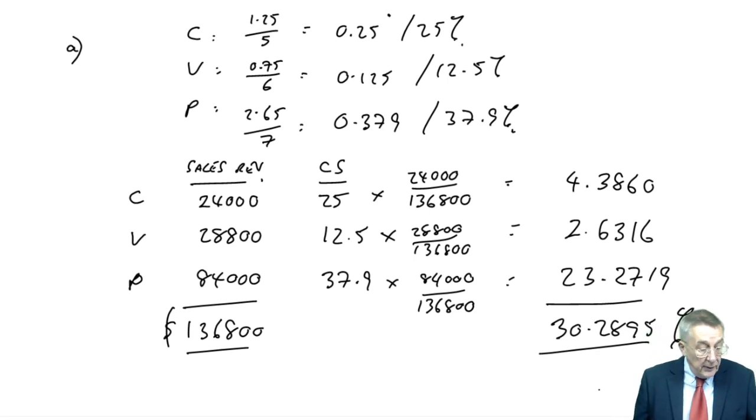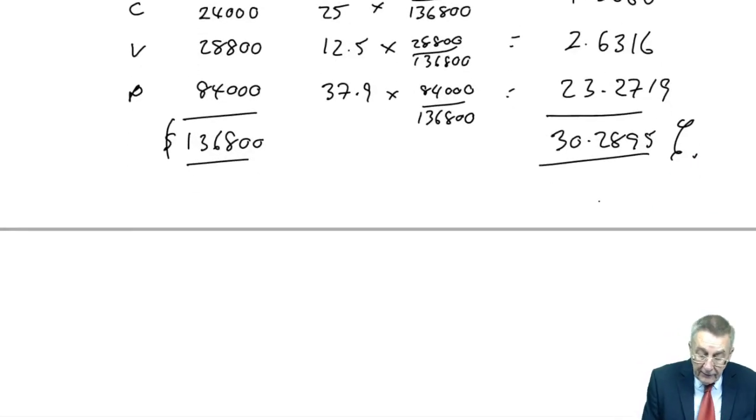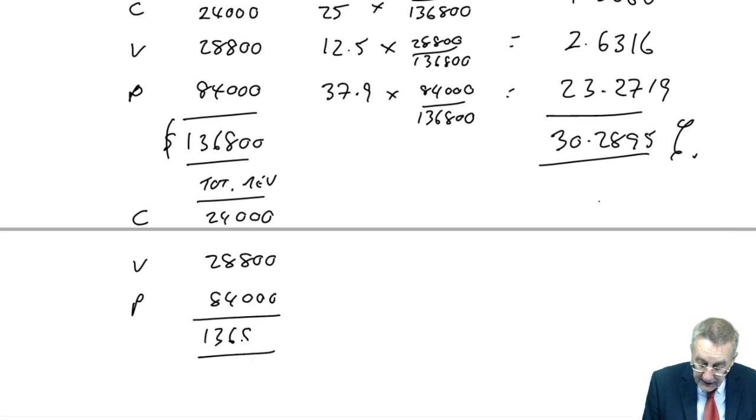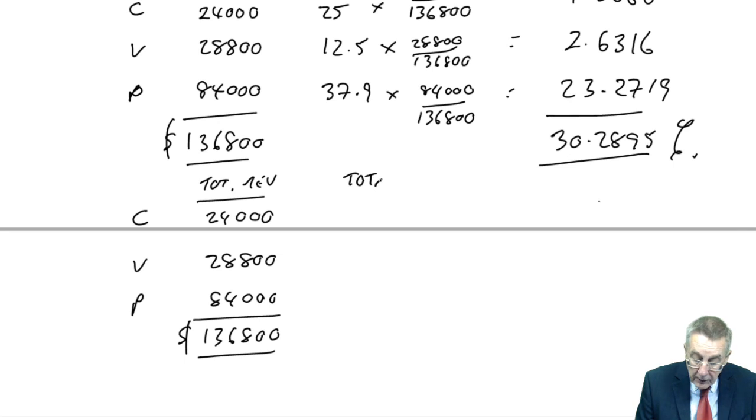The alternative, which in some ways I think is slightly faster, is for each of them, C, V and P, to again work out the total sales revenue. We've got that 24,000, 28,800, 84,000. So a total of 136,800. And for each of them to work out the total contribution we're budgeting on.